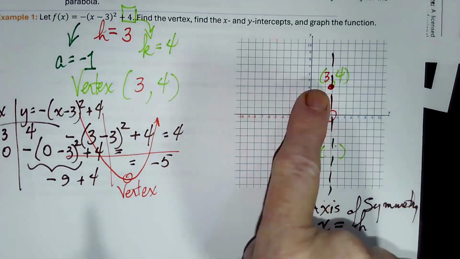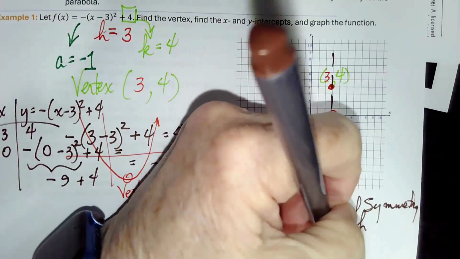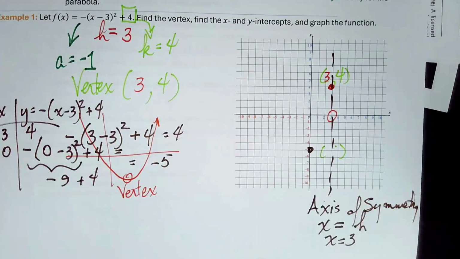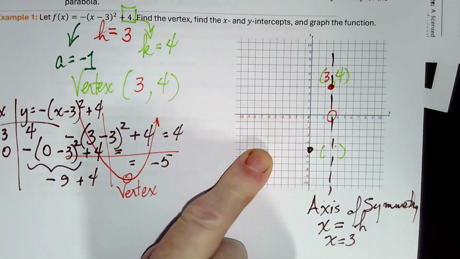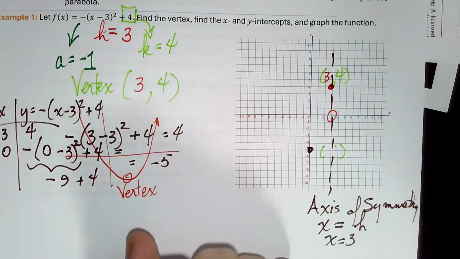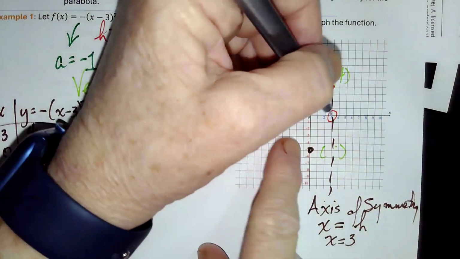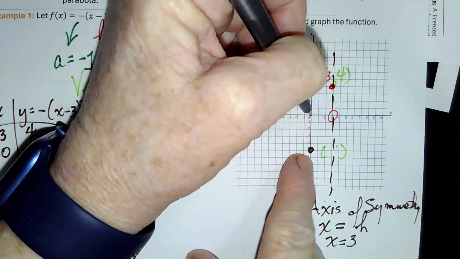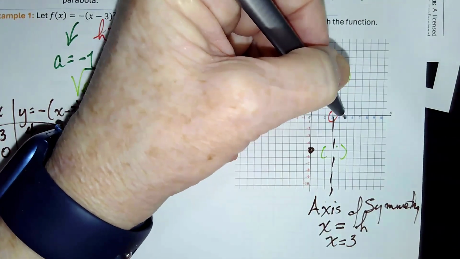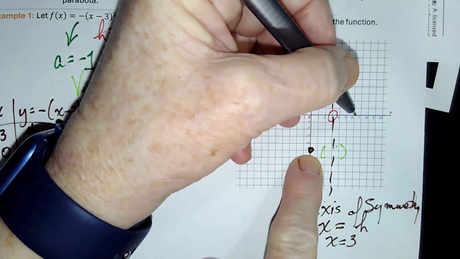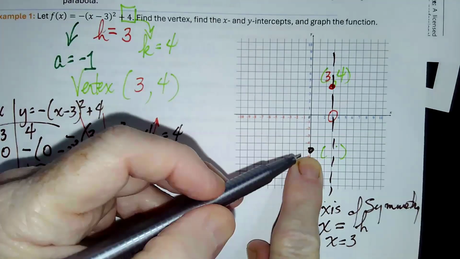Well, our h was 3, so it's x equals 3. And everything to the right of the line will mirror everything to the left of the line. Which means if we go 3 places to the right of this line, so 1, 2, 3, we will also get a negative 5.